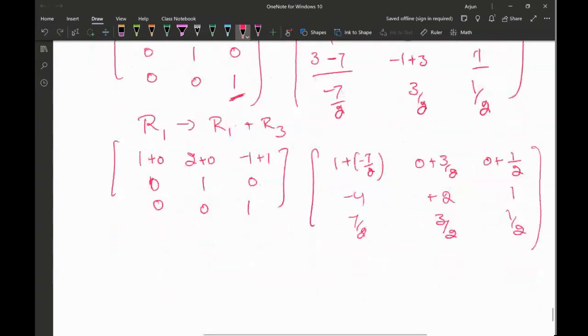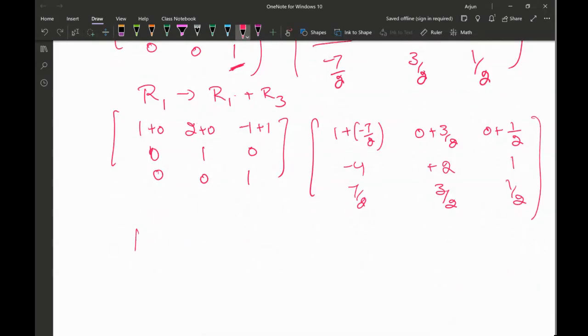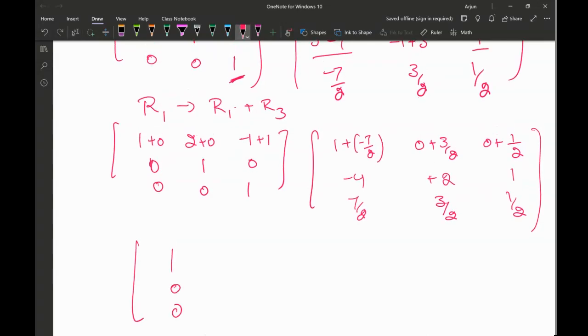All right, so we've reached this point. Now we're ever so close. This is 1. This one will be 1 0 0 1. 2 plus 0 is 2. 0 1 0 0. Awesome. We are ever so close. So this will become 1 minus this.